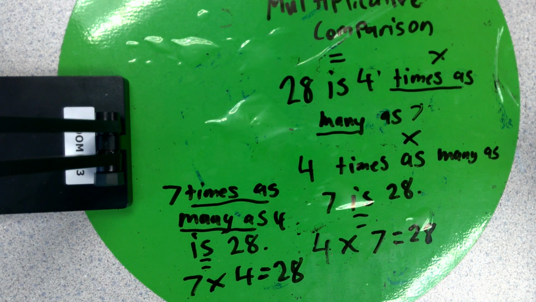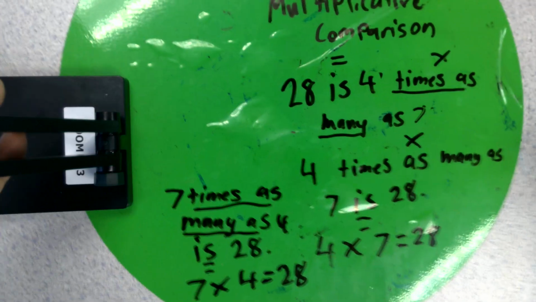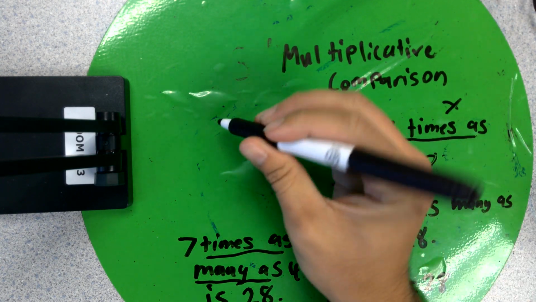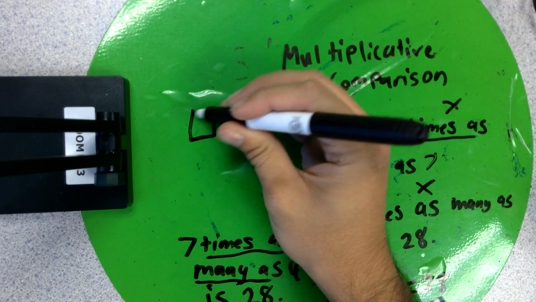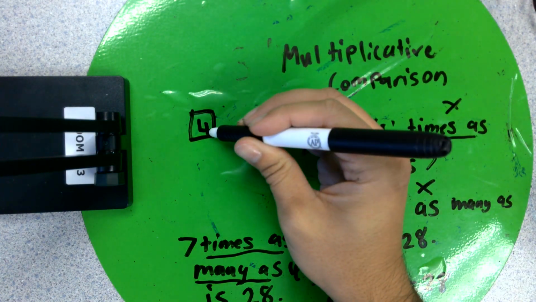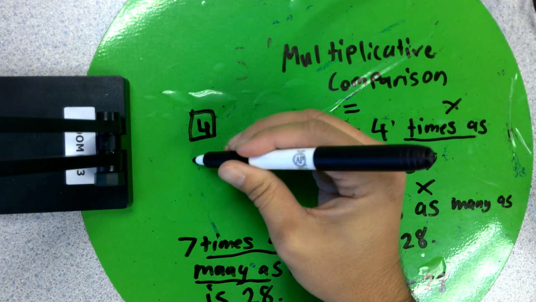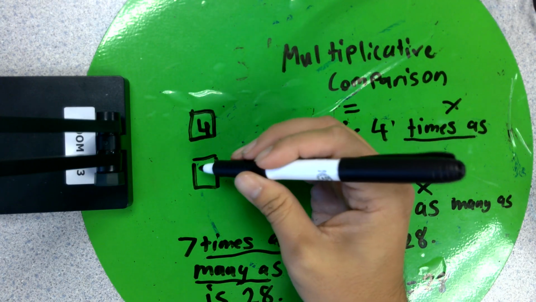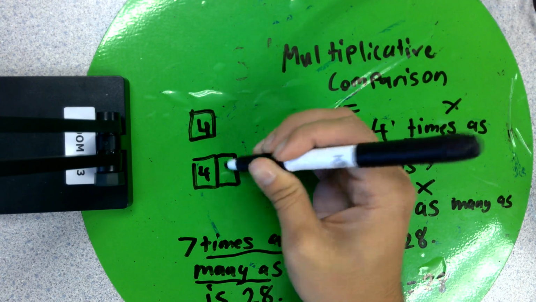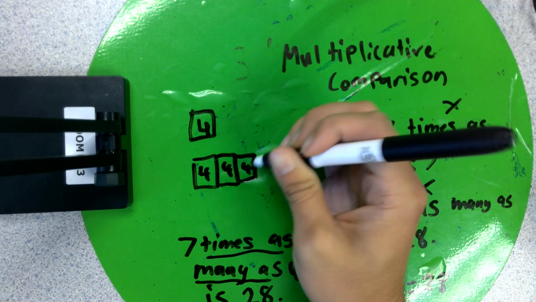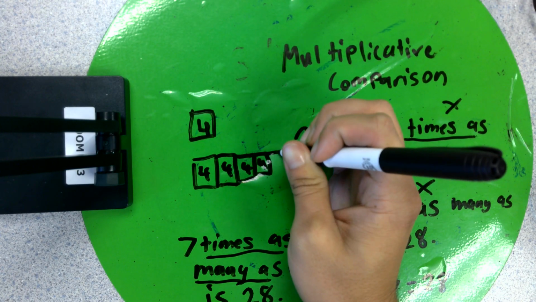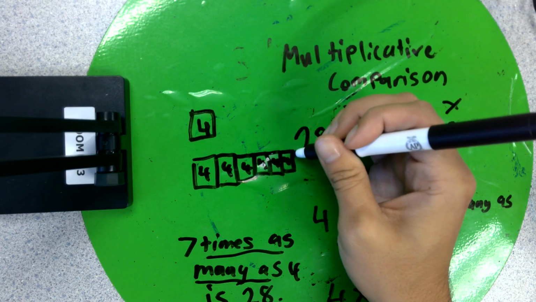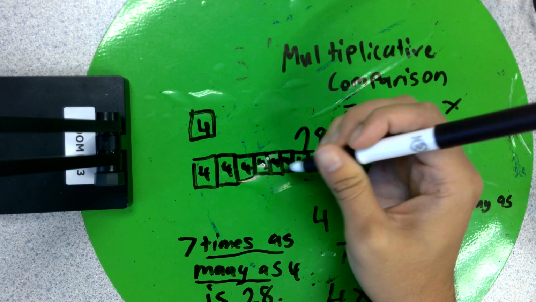So multiplicative comparison takes a number we already have, or a factor, such as 4, and it wonders, if we have 7 times as many, or kind of like 7 copies, what will we get? So if we copy it 7 times altogether, you will get 28.